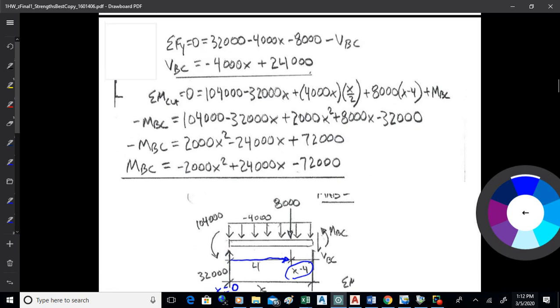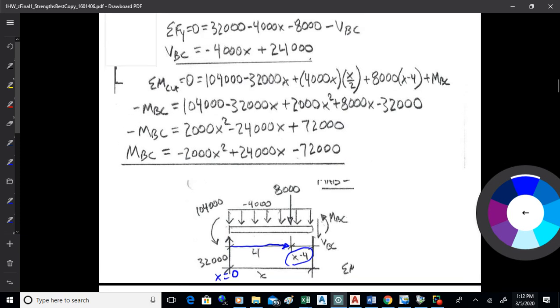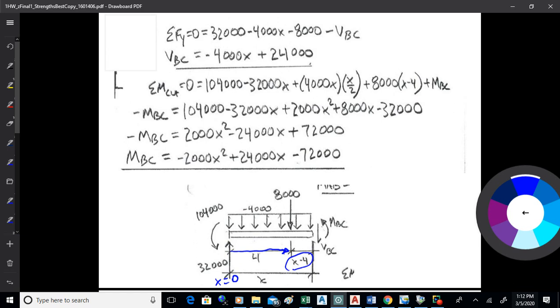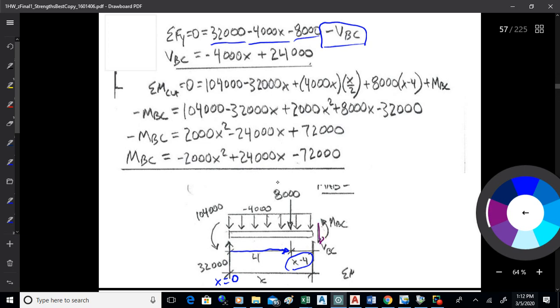Okay. And then you just follow a similar process that we did up above. You got the reaction up, 4,000 times whatever X is down for the distributed load. We pick up the 8,000 and then minus VBC. The shear equations always work out pretty nicely because you got minus VB, minus the shear, because you're putting that in its positive shear sense, which is down, which is a little odd, but that's how that is.